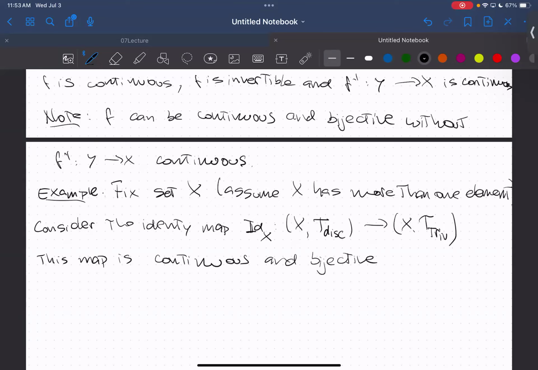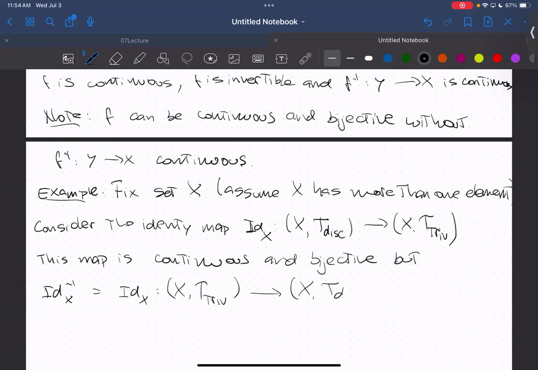But its inverse map, which now goes out of the trivial topology, the identity inverse, which is just the identity map going from X with the trivial topology to X with the discrete, is not continuous.